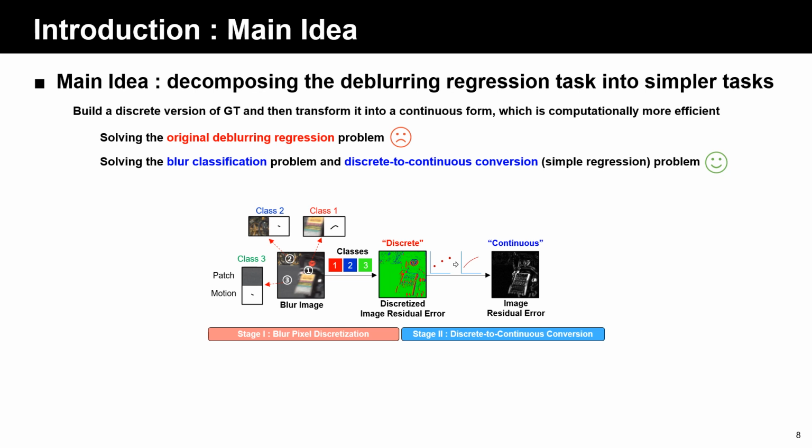Our intuition is that we build a discrete version of GT, like discrete image residual error, by identifying blur pixels and then transform it into a continuous form, which is computationally more efficient than naively solving the deblurring regression problem. One thing I would like to emphasize is that we can build the blur pixel discretization model to be efficient because it is based on classification tasks, which is easier than the regression tasks.